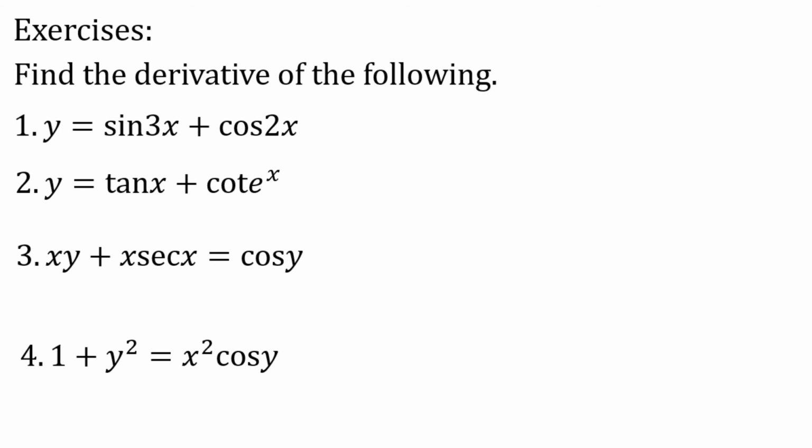On number 2, the first term, you're going to apply the rule for the derivative of tangent u. For the second term, you're going to apply the rule for the derivative of cotangent u.